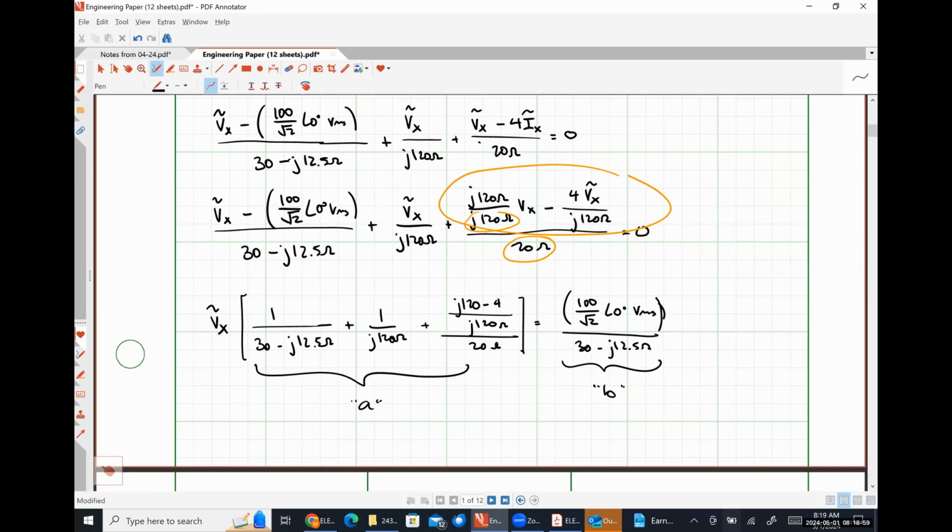So 1 over 30 minus 12.5i plus 1 over 120i plus 120i minus 4 over 120i over 20.